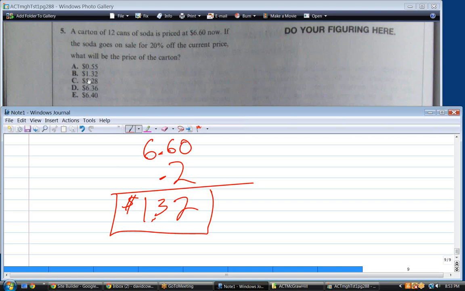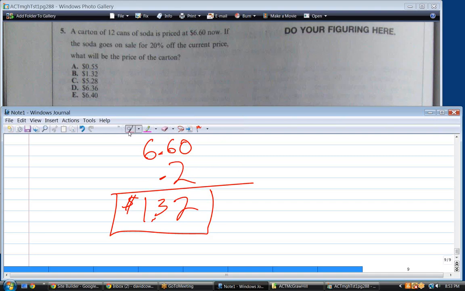Notice that 12 had nothing to do with anything. They will frequently put irrelevant information into the problems. So don't assume that just because you see a number in there that it's part of the figuring.